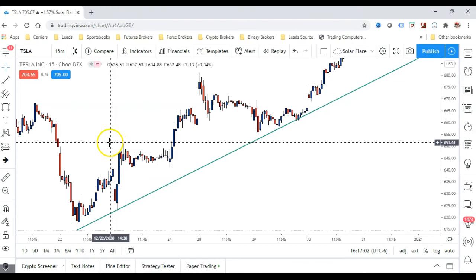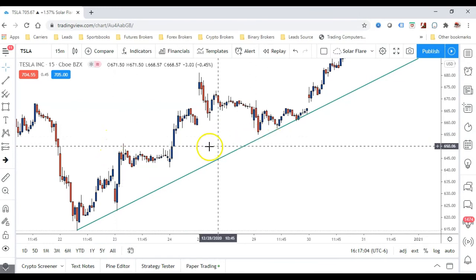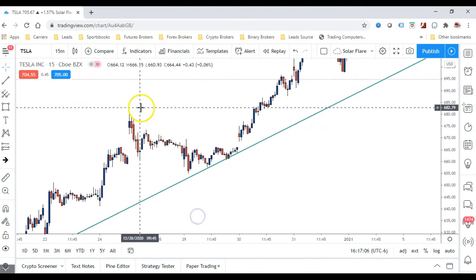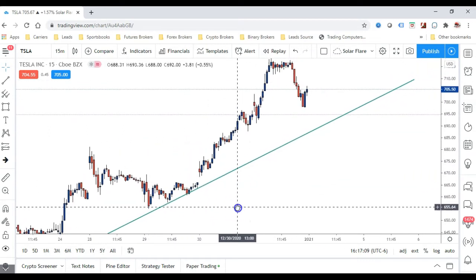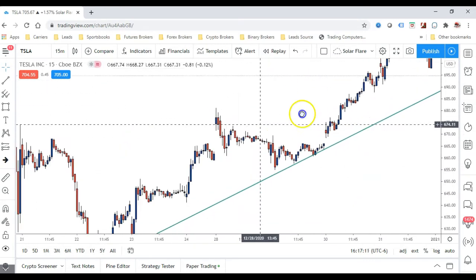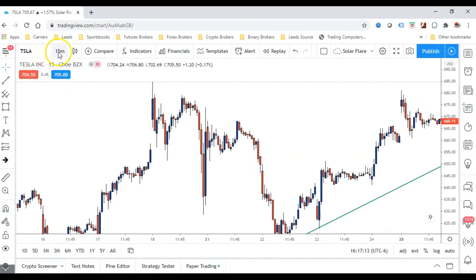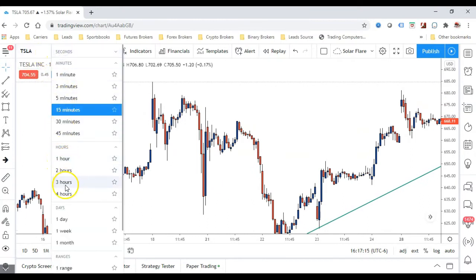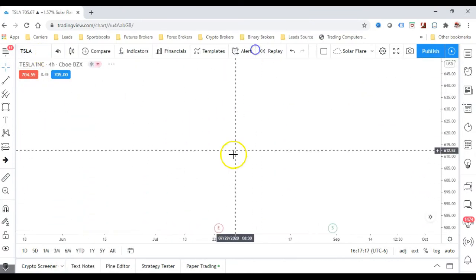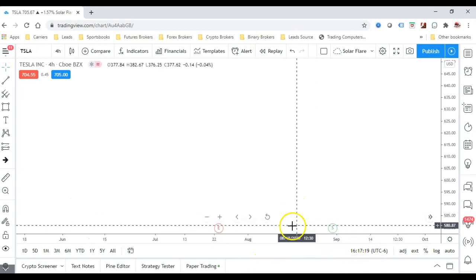You can see here, it almost came back down, but it didn't. No action there. We didn't get enough pullbacks on that particular zone. So let's go to, let's see, 4 hour.